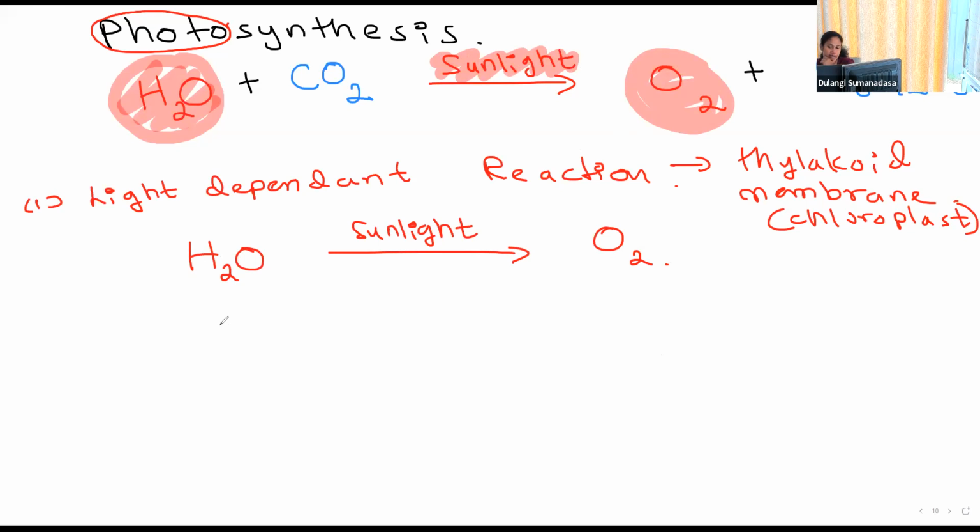For photolysis, or splitting the water molecule, I can draw the water molecule like this. We're going to use the sunlight to split the water molecule like this. This is photolysis because you're using the sunlight for this split.